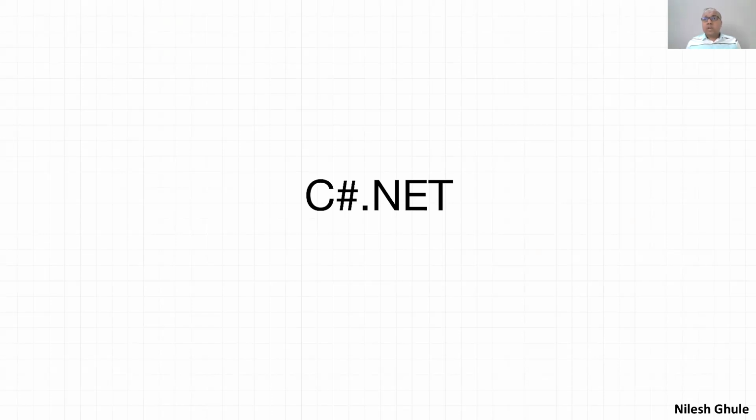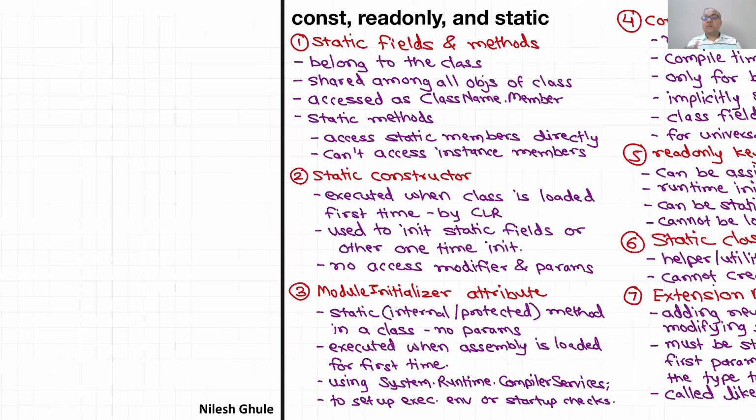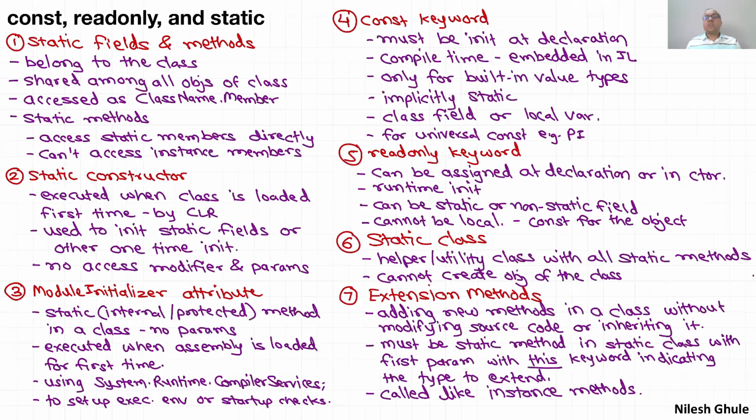But today, it is time to discuss the static keyword in detail because the static keyword in C# is really versatile. It has got so many different uses. We can have static fields, static methods, static constructors, static module initializer method.